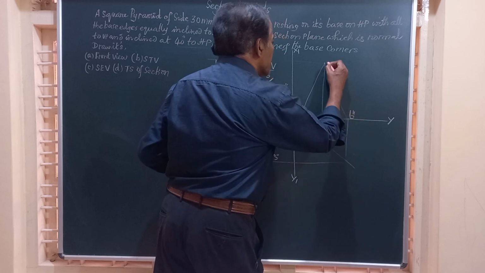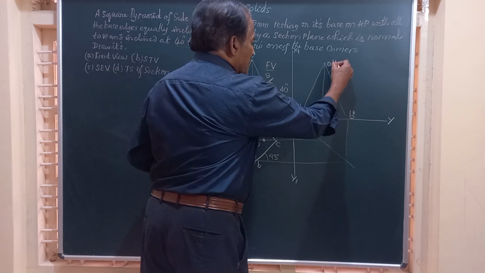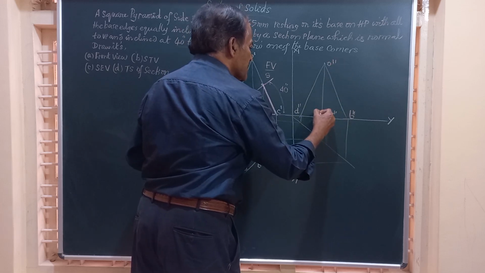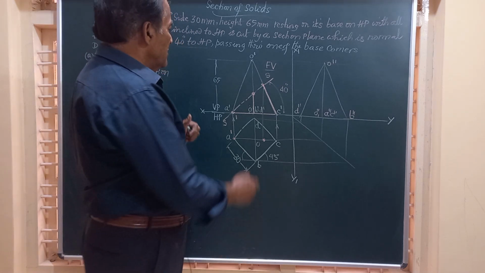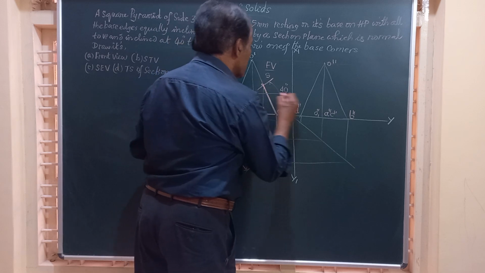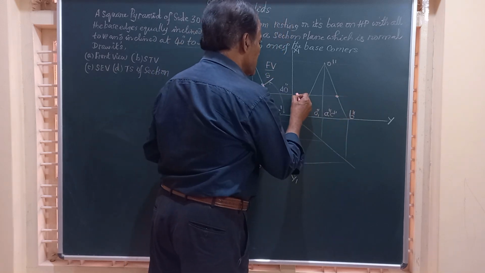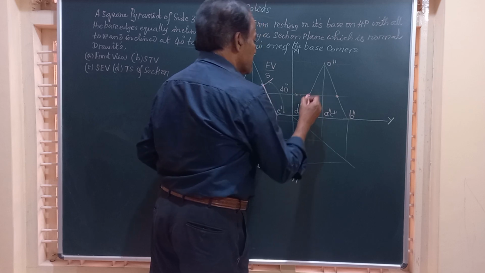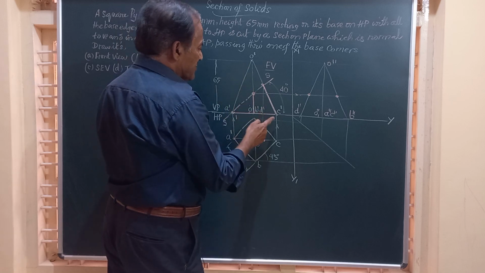O double dash is the vertex in the end view, and O1 double dash is the center of the base. Friends, OB and OD are cut here, so you can just draw a horizontal line from there till it cuts OB and also this point OD. Finally, this point was easier.